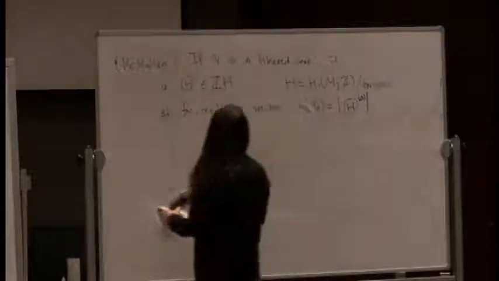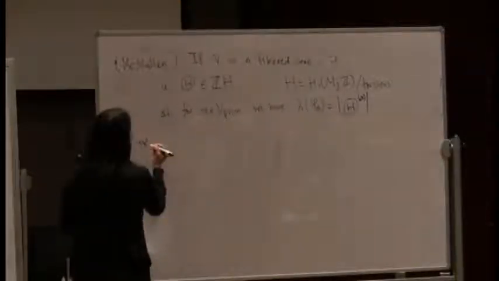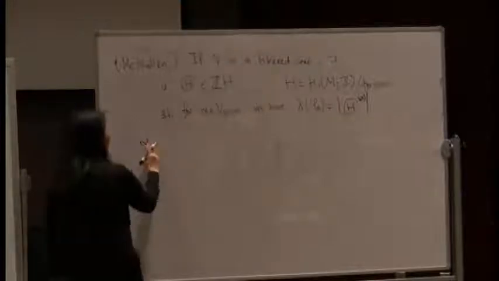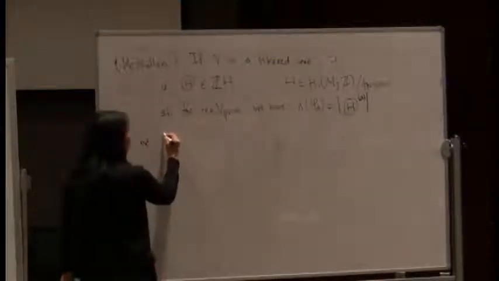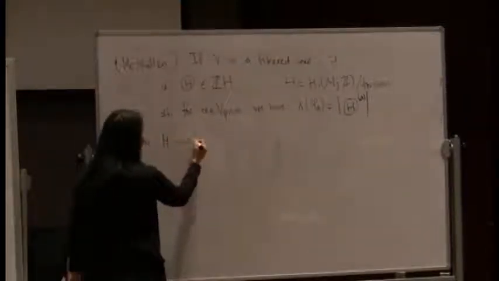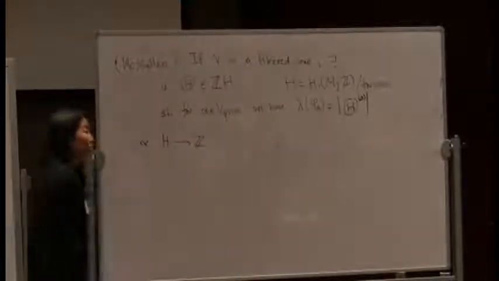Here alpha is an element of cohomology, so alpha defines a map from H to Z, because it's primitive.